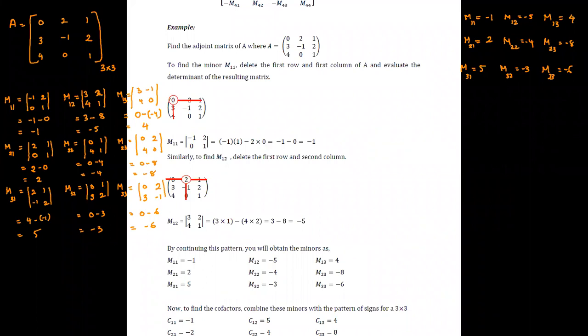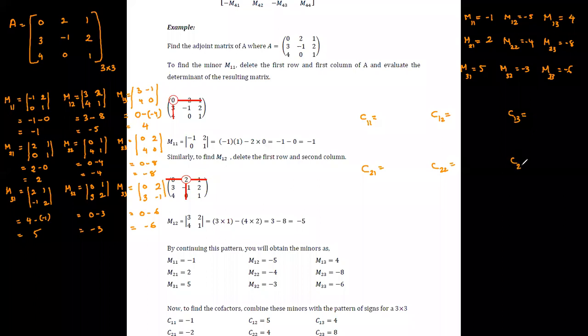Therefore, if I write down the cofactors here, I can obtain them in this form, starting from C11, C12, C13. First, I will write down all these things and then I will go for the calculation. It is C21, C22, C23.